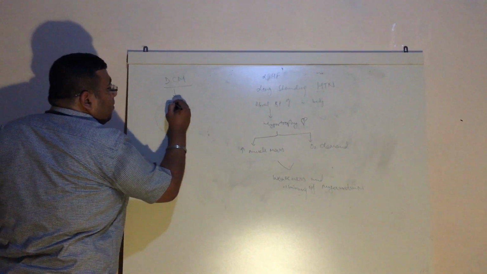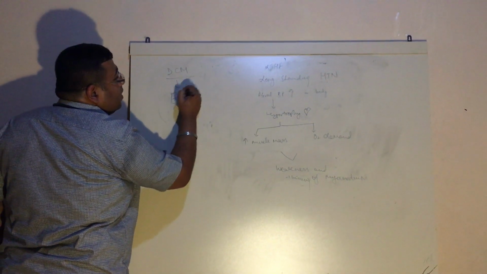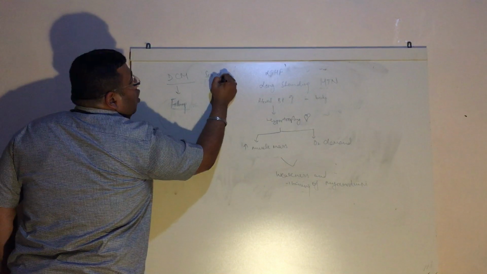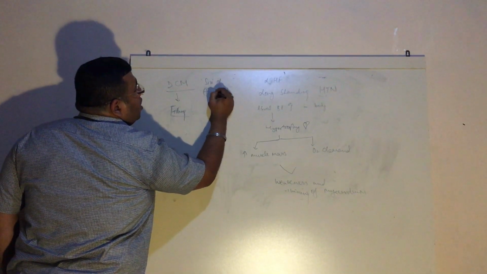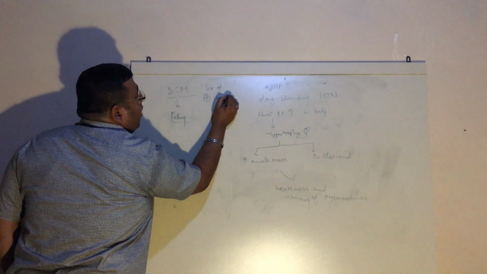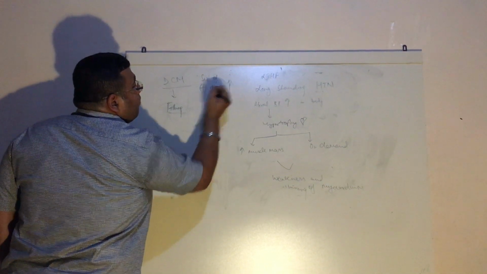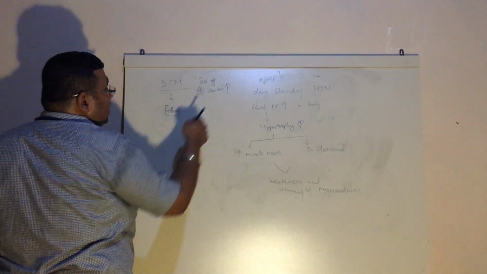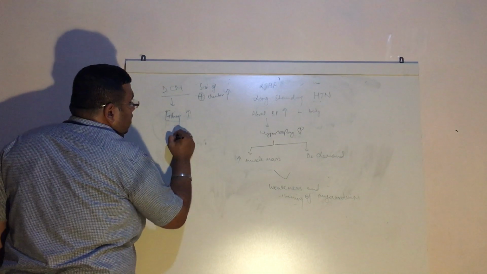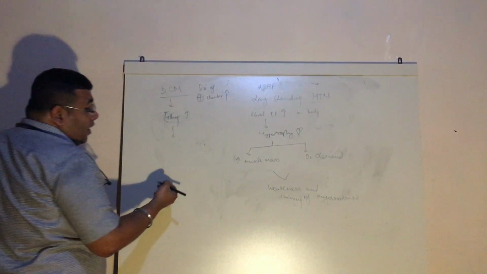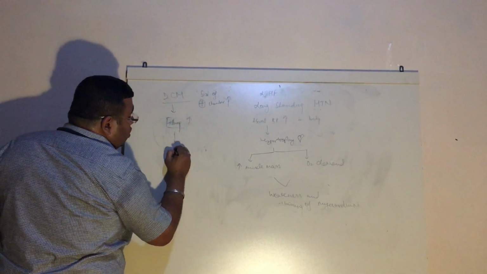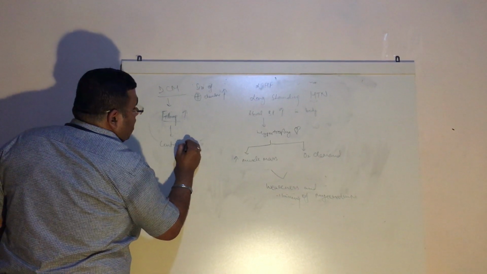Another reason for left side heart failure is dilated cardiomyopathy. What happens in dilated cardiomyopathy? Because of the dilation of the chambers, the size of the heart chambers increases, right? So when the size of the heart chambers increases, the filling increases.